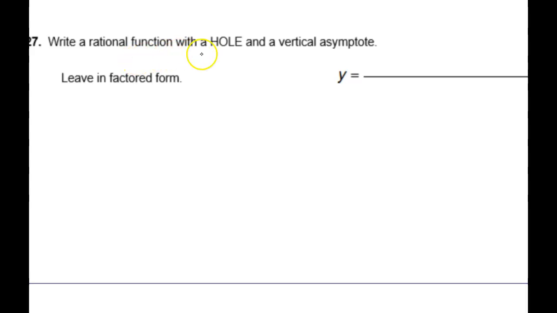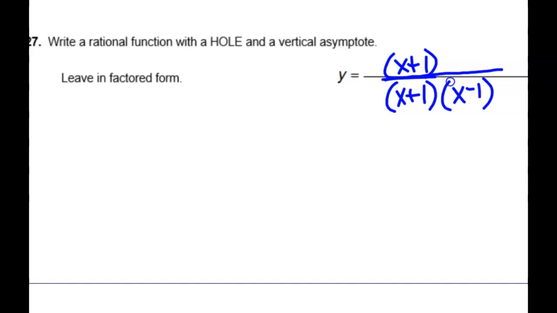How do you write a rational function that has a hole and a vertical asymptote? I think the one we just looked at did, didn't it? But you could make up, it's got a hole. Does that make it have a hole? Same factor top and bottom? Guys, this is totally open-ended, okay? Okay, that would give it a vertical asymptote.